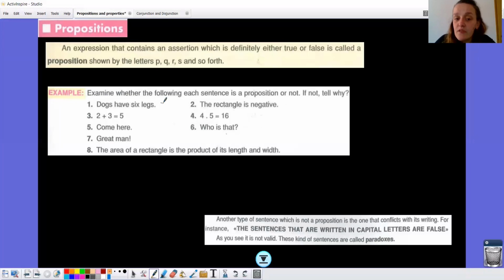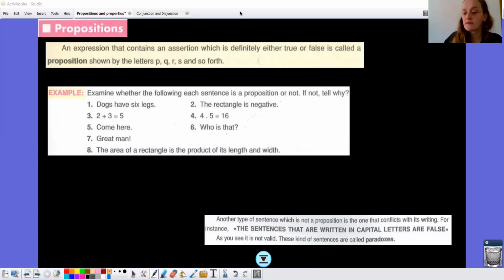Now here we have some examples. It says, examine whether each of the following sentences is a proposition or not. If not, tell why. Dogs have 6 legs. Is it a proposition or not? What do you think? No. Why not? Well, teacher, dogs don't have 6 legs. They have 4 legs. So can we say for this sentence exactly that it is a proposition?